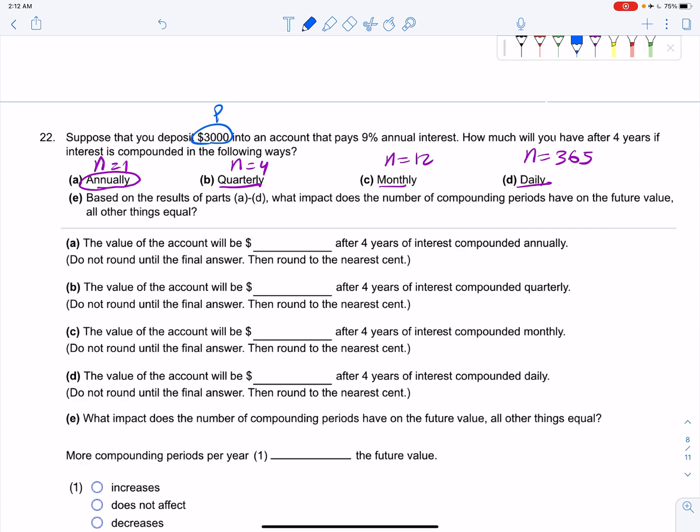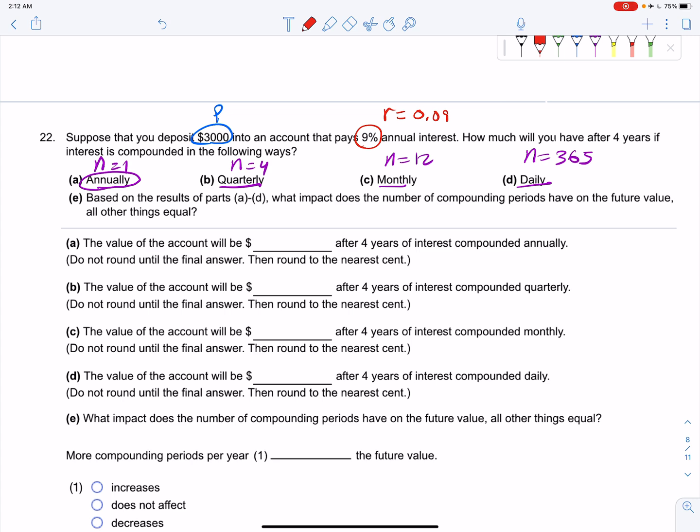That's P. An account that pays 9% annual interest. There's your R written as a decimal. If I ever want to print this out, I probably shouldn't be writing right across 2 pages. So this is R equals 0.09.